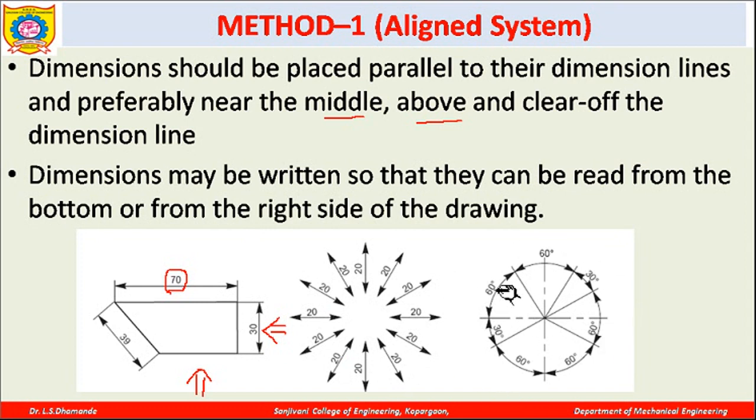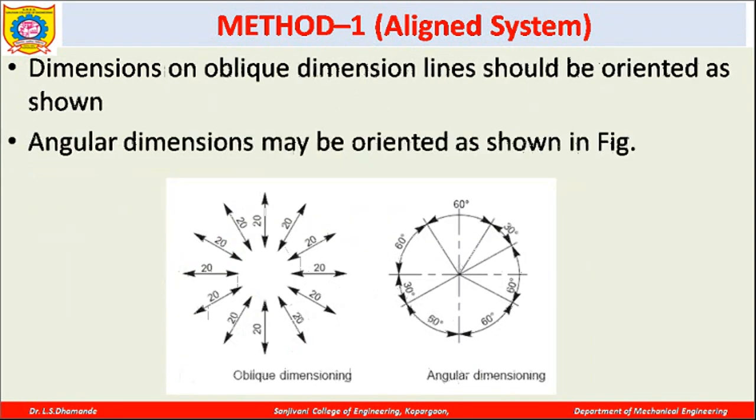This angle of 60 degrees can be read from the bottom, this one from the right, and the others from the bottom, this way, from this direction. As far as possible, it should be easy for us to read the drawings in only two directions, from the bottom or from the right. That is what is called the aligned method of dimensioning.